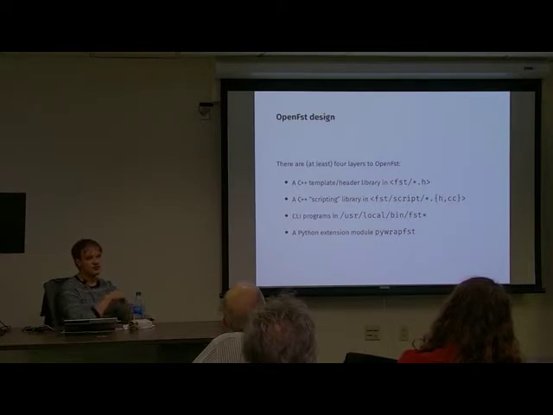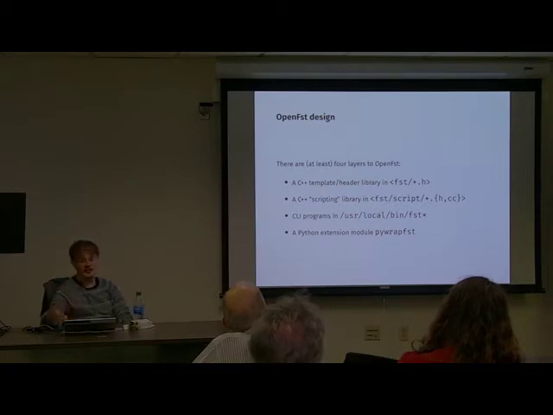Many people who have used these tools use the command line interface tools, which usually live in /usr/local/bin/fst-something. So like fstcompose, etc. And these just build on the scripting layer. They need the code to be instantiated, so that's where they work off of. Also working off of the scripting layer is something I wrote when I joined Google called PyWrapFST. That's a Python extension module that links against that scripting layer.